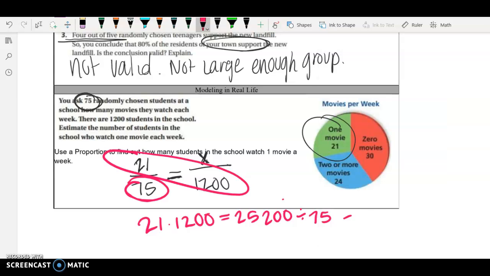So we would say 336 people in the school would watch only one movie per week. That's not exact, but that's our estimate. So we're using our data to then make a prediction about the future. So remember how last time in our chapter 7, we were talking about how we can't know the future, but we can make predictions of the future. And so that's what's happening here. We're using math to then predict what would happen in a bigger group.